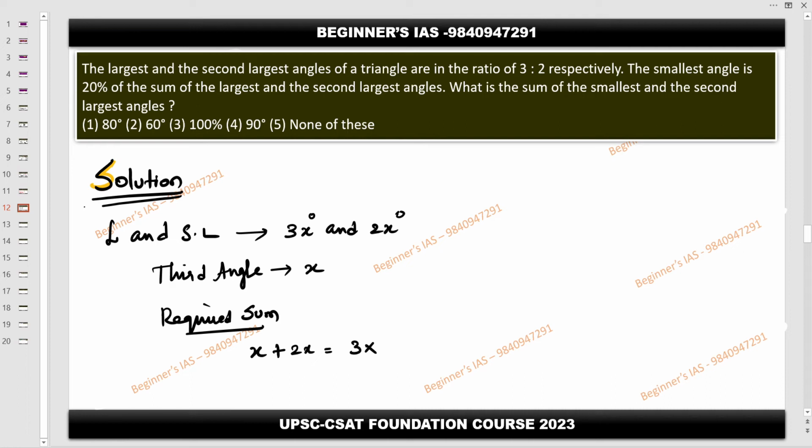So now what is the 3x? 80 or 60 or 100, so here this is degree, it is given in the percentage. So 90 degree or none of this.